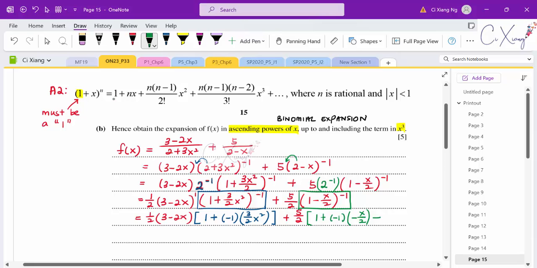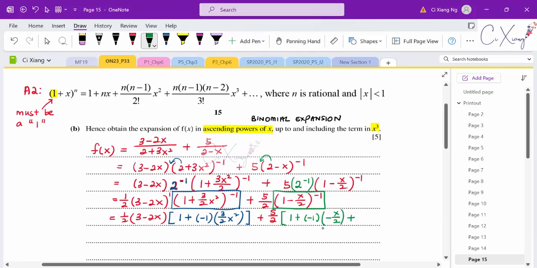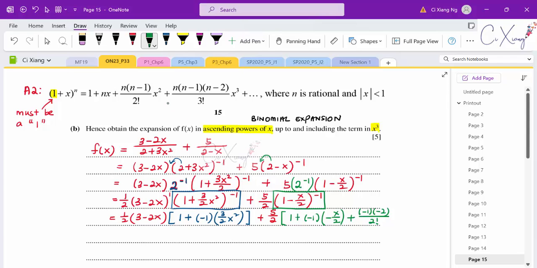Then plus next term is n(n minus 1) divided by 2 factorial. So your n is negative 1, n minus 1 is negative 2, divided by 2 factorial. Then x squared, so for the x squared is negative x over 2 and then square. So this is something with x squared.